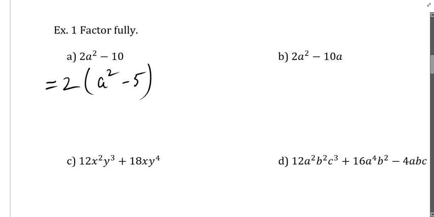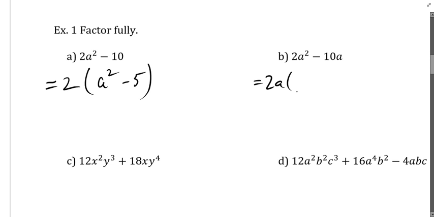Okay, so what's the GCF? Anang? This time it's 2a. See the difference between A and B. In B, they both have at least one A, so I can take that out common. A to the 1, that's the most you can do. And it's a 2 and a negative 10 in both cases, so I can take out a 2.